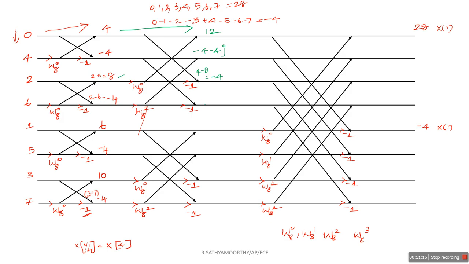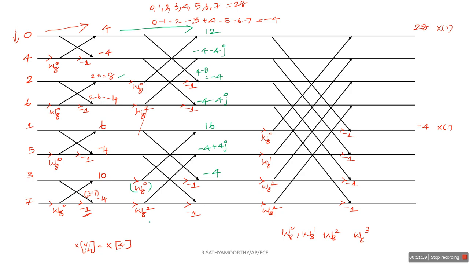Similarly here you will get minus 4 minus 4j. Similarly, if you add 6 plus 10, 16. This is minus 4 plus 4j. This is minus 4 again. This is very easy since we have W8 power 0 here. W8 power 0 is 1. 6 minus 10 is minus 4.